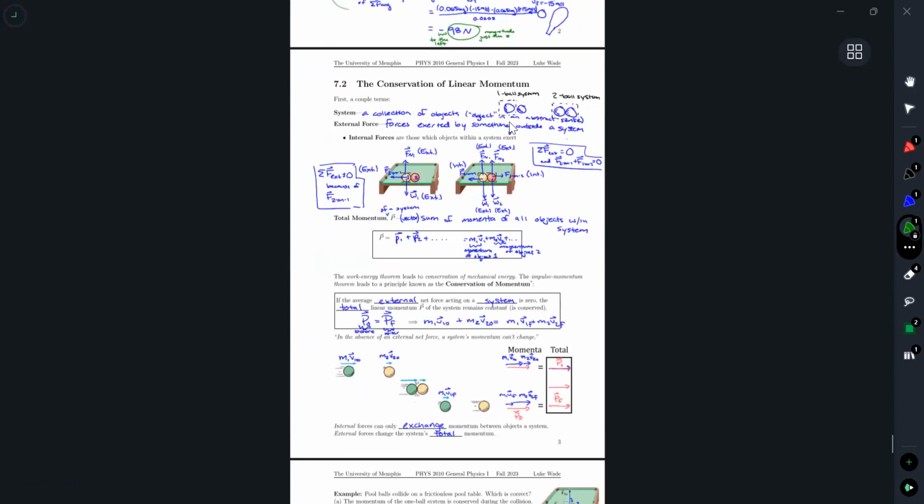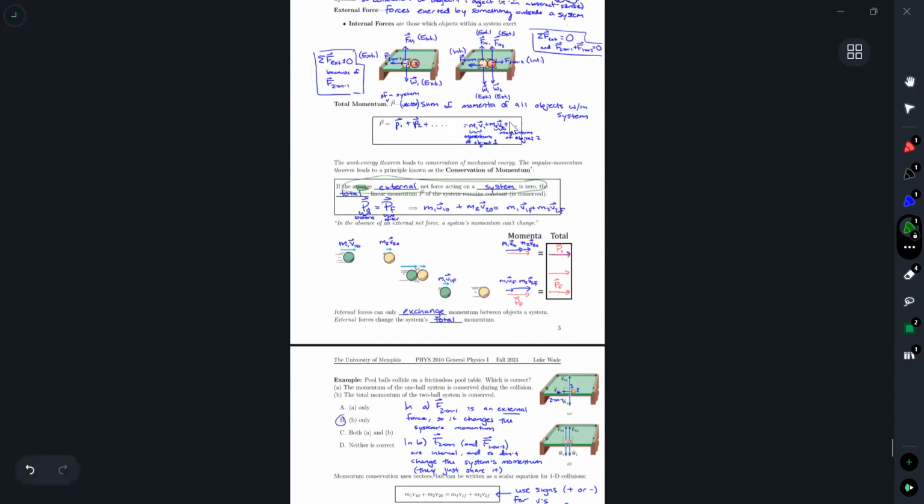Conceptually, it's good to know when conservation of momentum works. It is when there is no external net force on the system. You don't have to worry so much about the word average there. That's just to agree with the impulse momentum theorem above. But external net force, something like friction, comes from outside of the system we're choosing to look at.